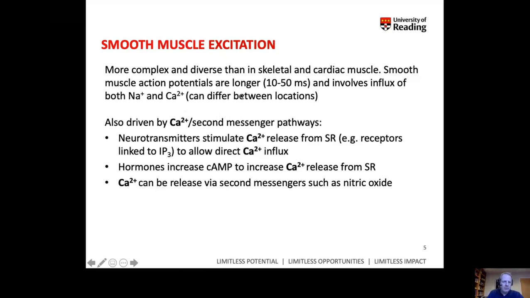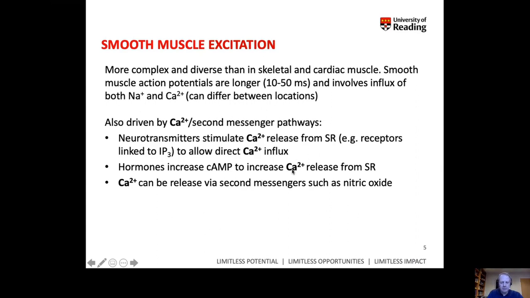Also driven by calcium second messengers, so some neurotransmitters that release calcium from the sarcoplasmic reticulum also allow us to control smooth muscle excitation to a much greater extent than is seen in skeletal muscle and cardiac muscle.